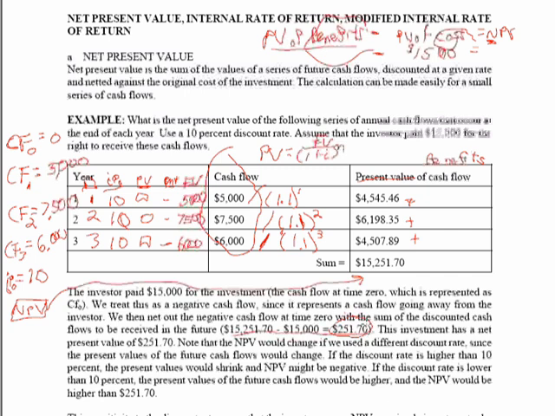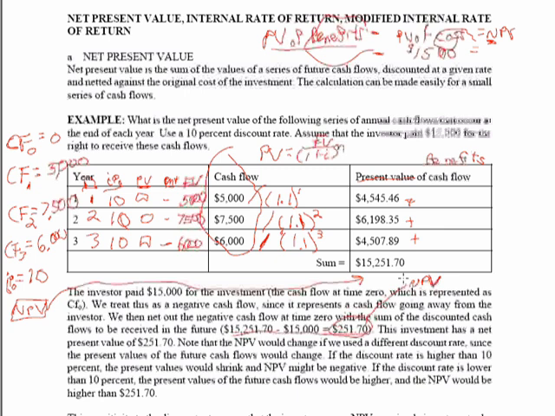Now that is our NPV. The right label for that number is net present value, because we did net it against the cost. And that's why this NPV is simply cost benefit analysis.